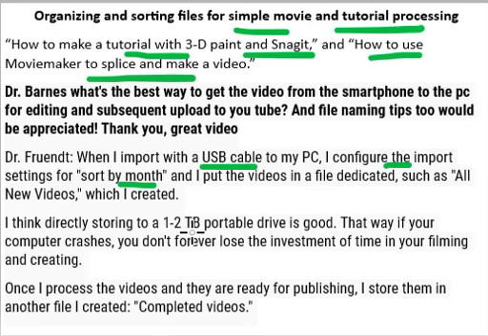I have an external drive that I use, and I have named a file on that drive all new videos. That way, whenever I import a new video or a picture to my PC, I will know where that is heading.